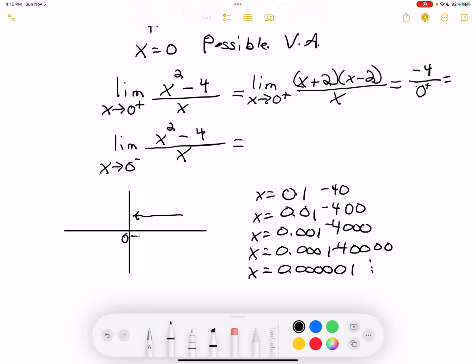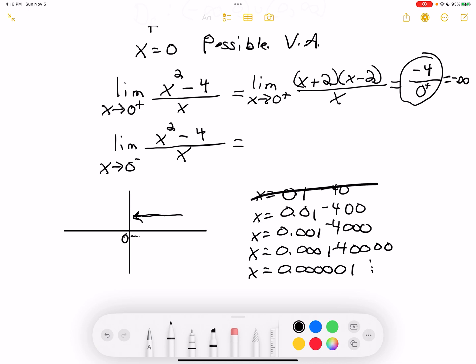So we have very, very small positive numbers, very close to 0, approaching 0 from the right, being divided into a -4. So the whole thing seems to be becoming very large negative numbers, and it basically increases without bound in the negative direction. And so the limit of x squared minus 4 over x as x approaches 0 from the right is -infinity.